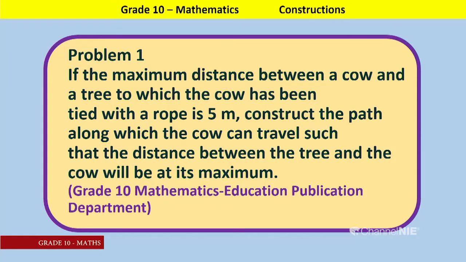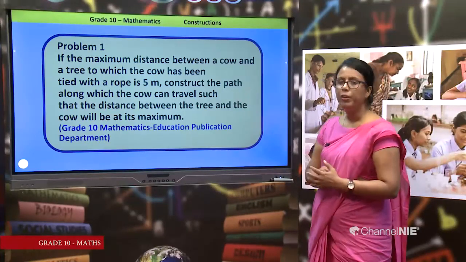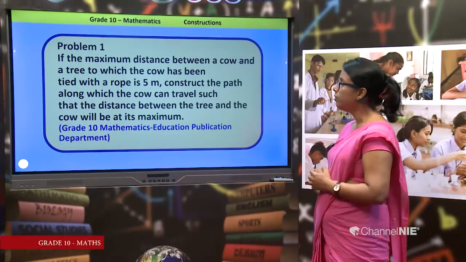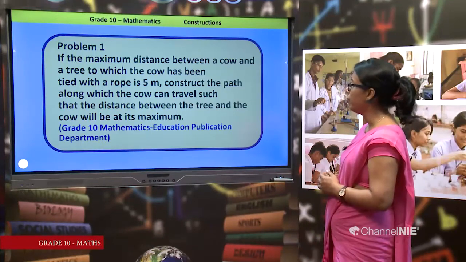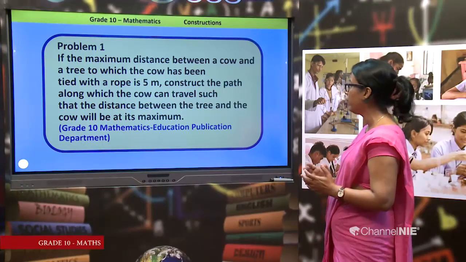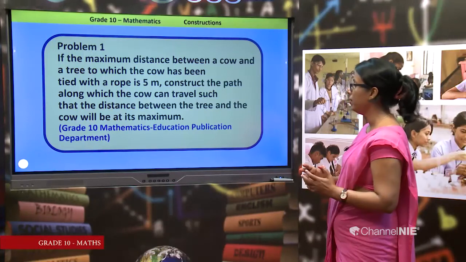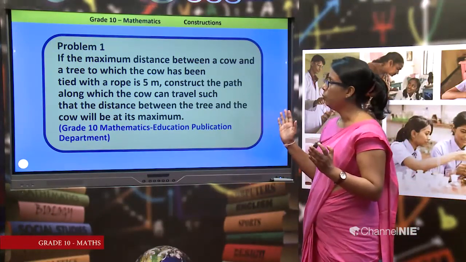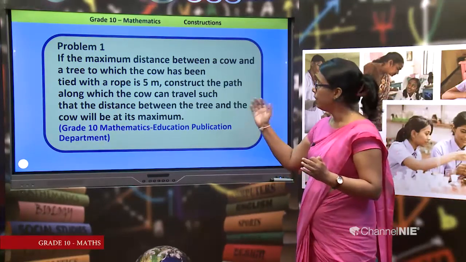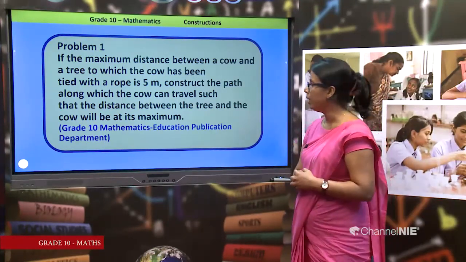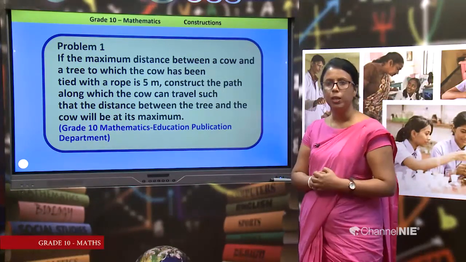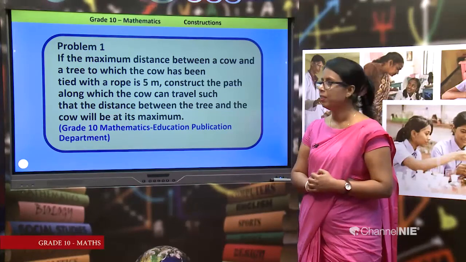There is a cow that has been tied with a rope of 5 meters. Construct a path along which the cow can travel such that the distance between the tree and the cow will be at its maximum. So, this cow tied with a rope is 5 meters. That means the maximum distance the cow can move will be 5 meters.